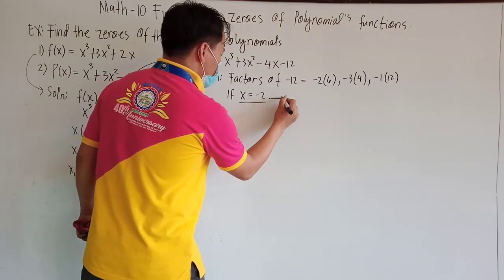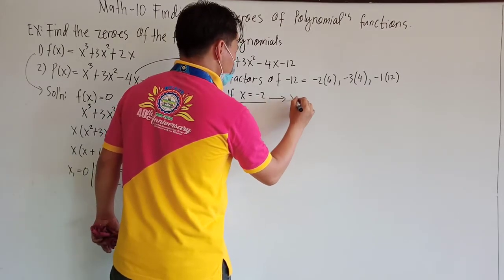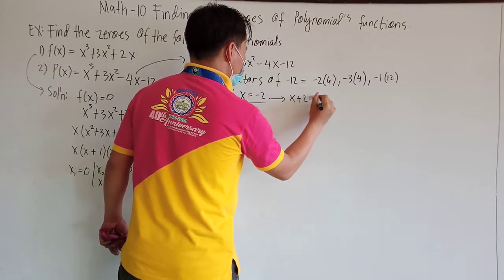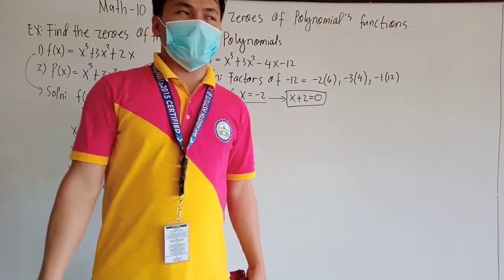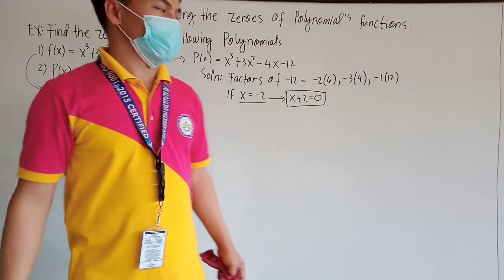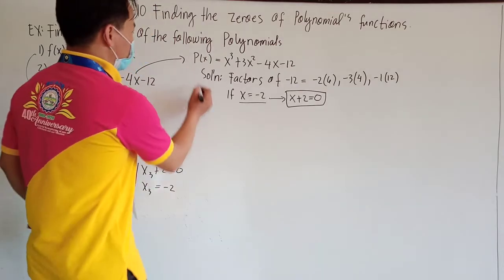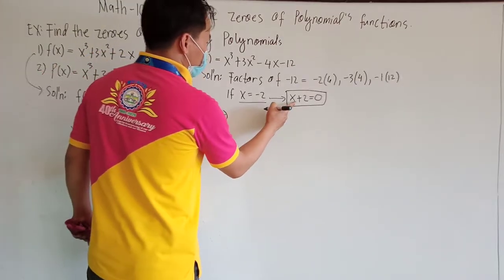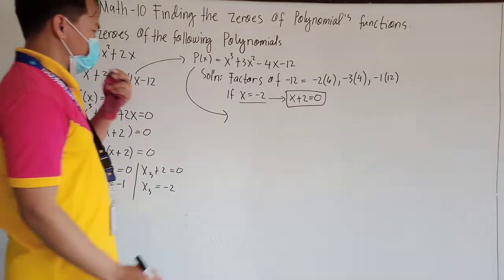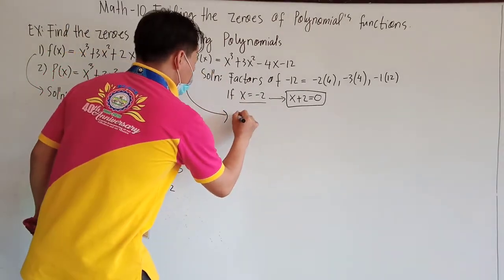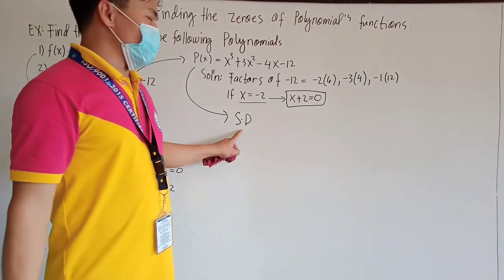Therefore, we can write that as x plus 2 is equal to 0, if you want to use the long method of division. But this time, we will use synthetic division for the given polynomial, using the value of x, which is negative 2. Using synthetic division, SD.